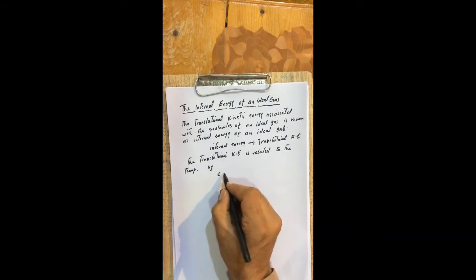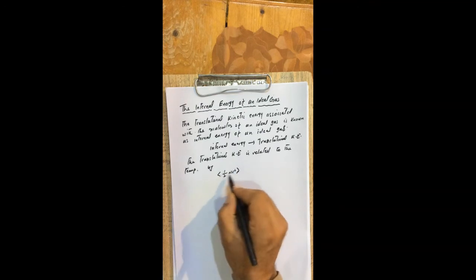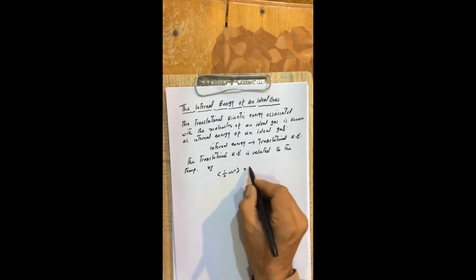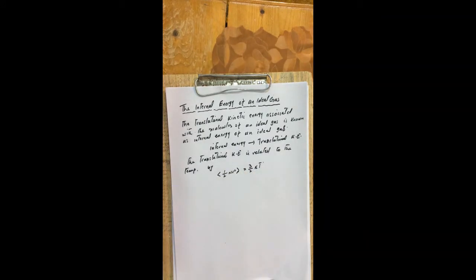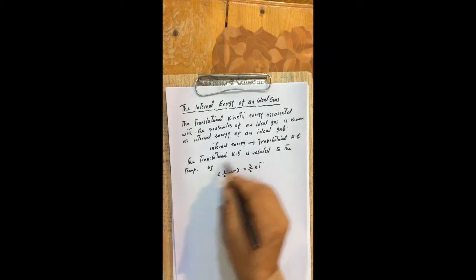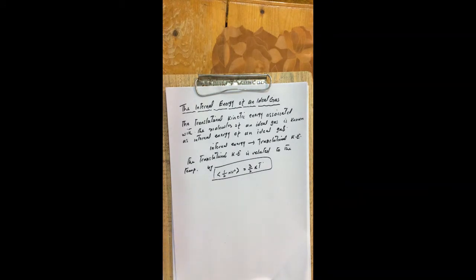We have the translational kinetic energy, which is 1/2 mv square. This is the average value or the mean value of energy. It is related to the temperature by this relation, 3/2 kT. This is a well-known relation, and we already proved it in the previous videos.